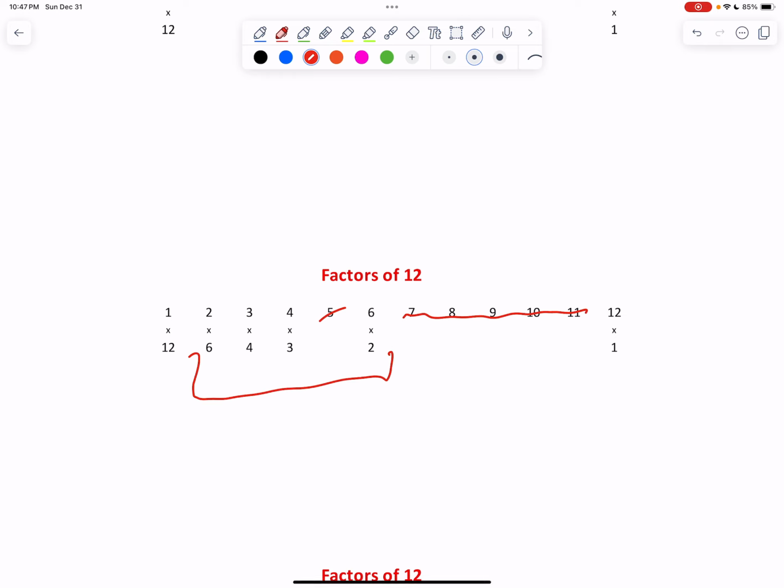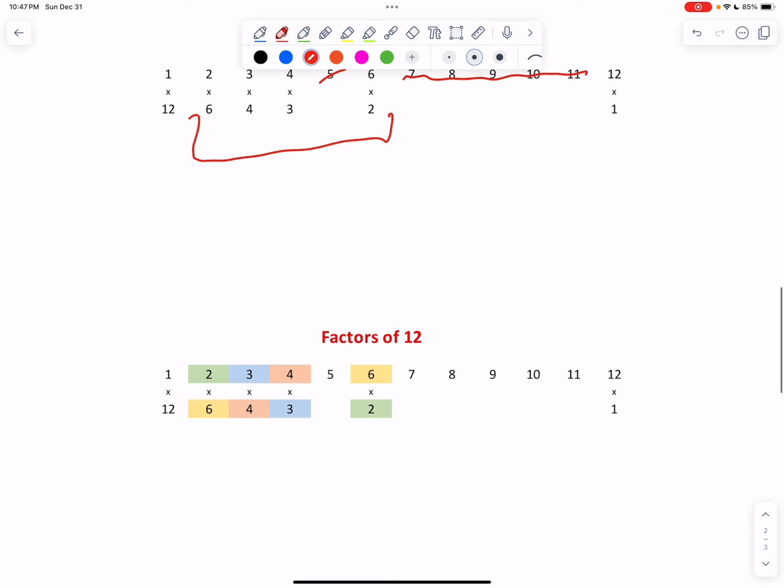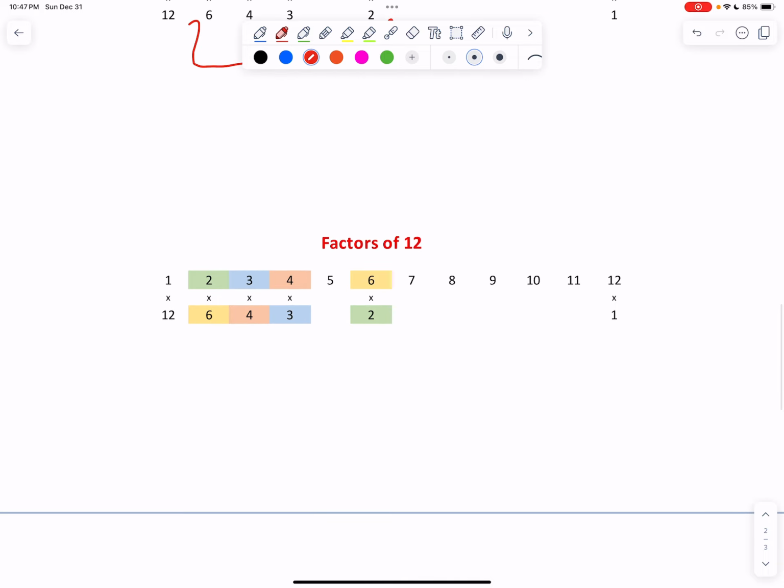Once we determine 12 is divisible by 2, and 2 times 6 is 12, then we know that 6 is the highest number it could be. As you see here with the colors, they're related to each other. 2 goes with 2 over here, the 3 goes with 3 here, the 4 goes with 4 here, and 6 goes with 6 here. Every number is connected, and it goes higher to lower. The two lowest over here is the 2 highest over here, etc.